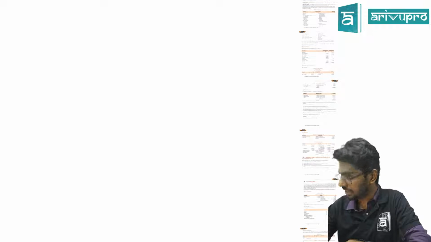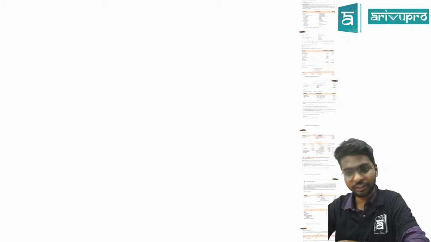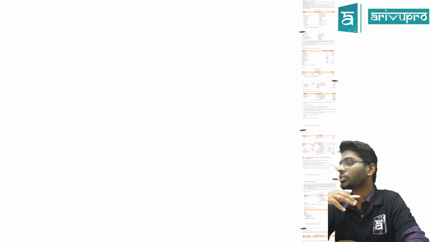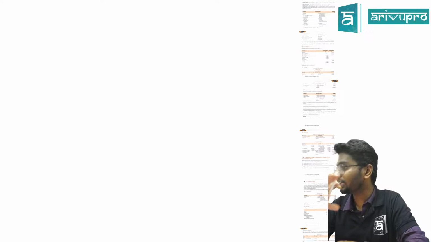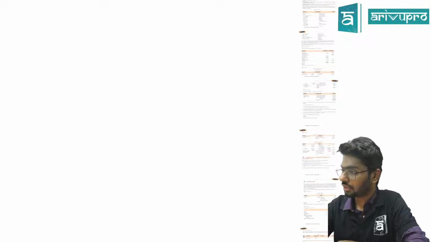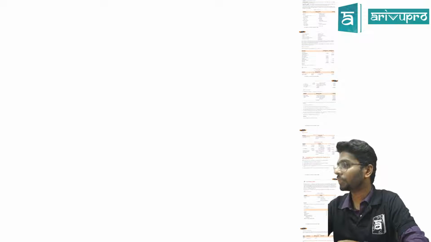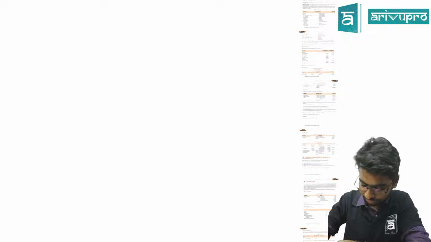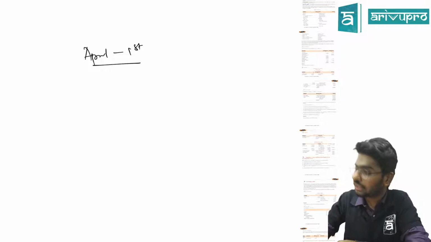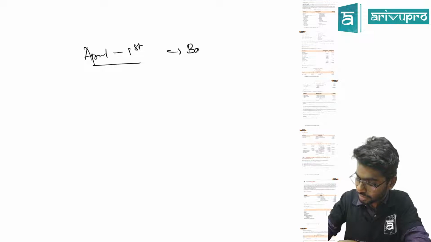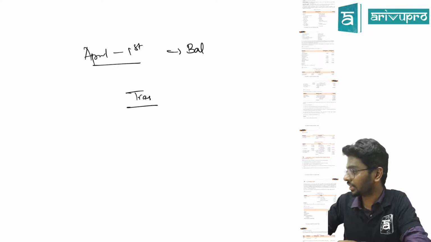So what we will be doing from now on is we'll do multiple questions of your final accounts. Are you clear? Now there are also certain things you need to understand when we are doing final accounts. If they have given you the opening balance of a balance sheet, let's say April 1st, they give you balances and they'll give you transactions or events during the year.